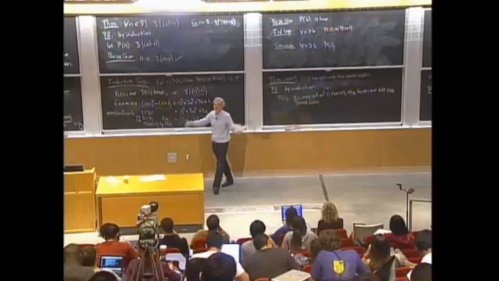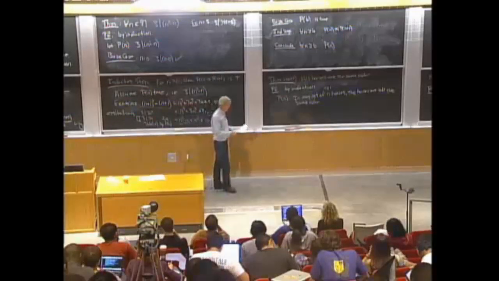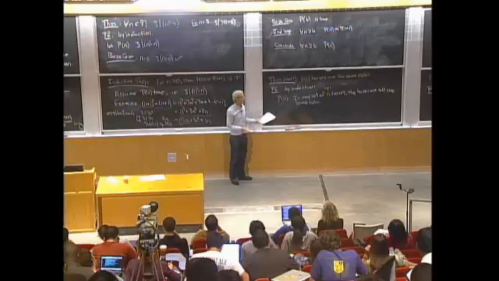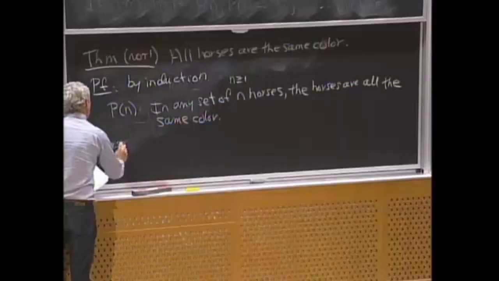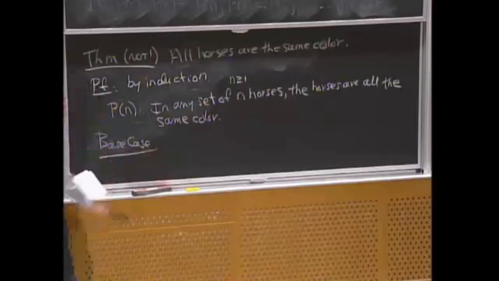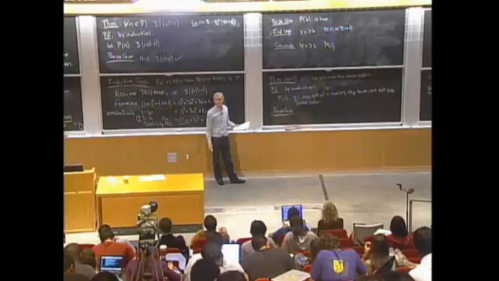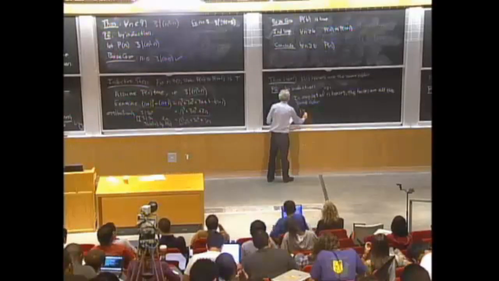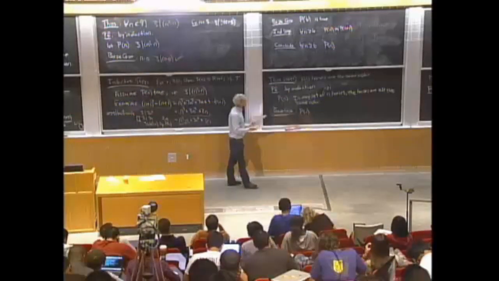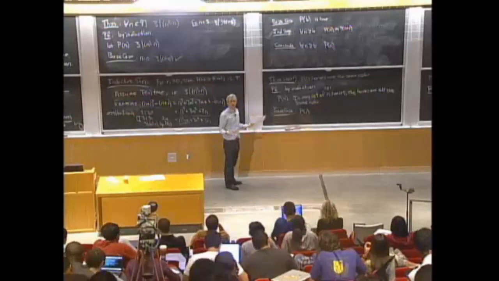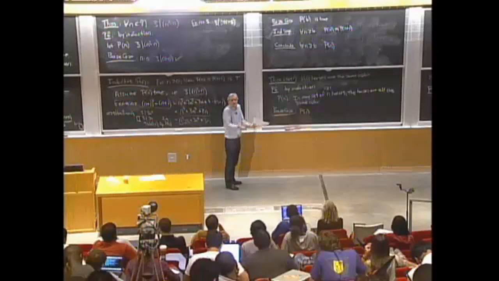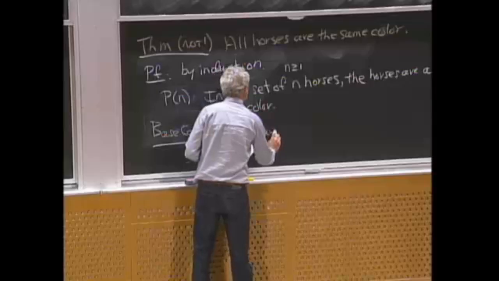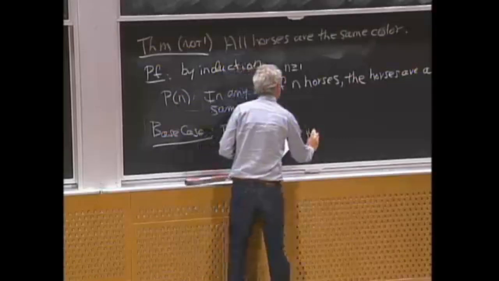Because in any set of n horses, they're all the same color, so all horses must be the same color. What's the next step? Base case. Now, what am I going to use as my base case here? 1 horse, or n equals 1. So P of 1 says that in any set of 1 horses, the horses are all the same color. Well, that's true. I've got 1 horse. It's the same color as itself. So that's easy. It's true since there's just 1 horse.